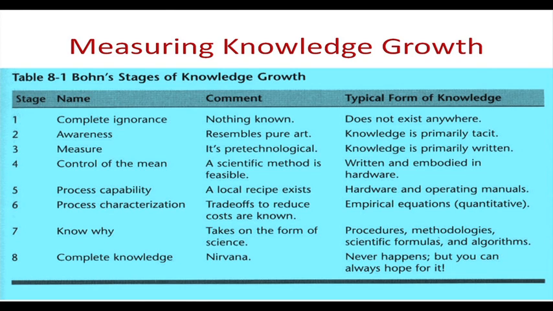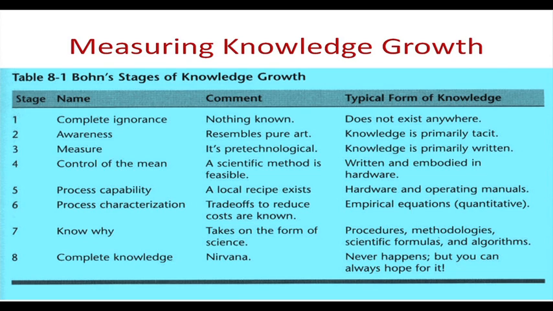So, complete ignorance means there is no knowledge, knowledge does not exist at all. Then at the second stage, you become aware of it, meaning yes, the knowledge is there in the mind, it is basically tacit. Then you measure it, it is paratechnical, which means that it is primarily written. So, it is not available either in a very explicit form or tacit form.